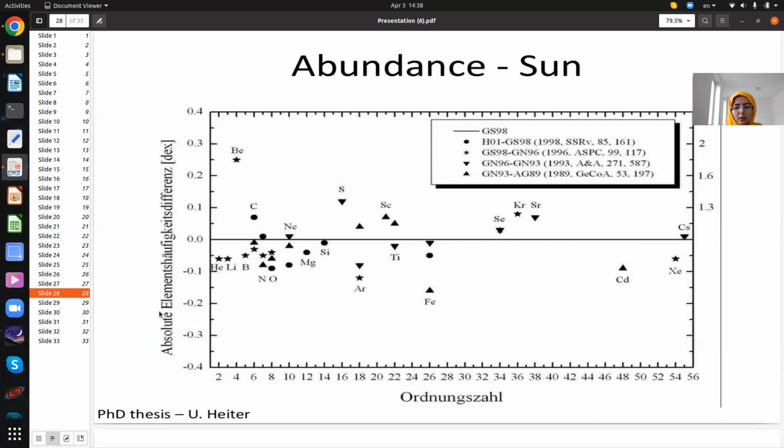For example, for the base star, our sample, we call it 0 or 1, and then we measure the values of other elements in other star clusters relative to the sun. So if the value of the elements in the sun changes, we should change the other values in other star clusters.